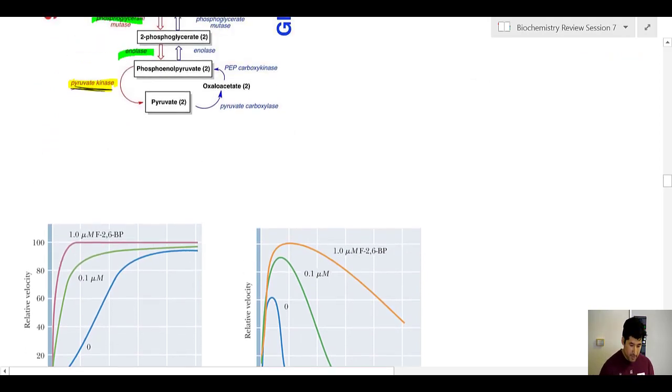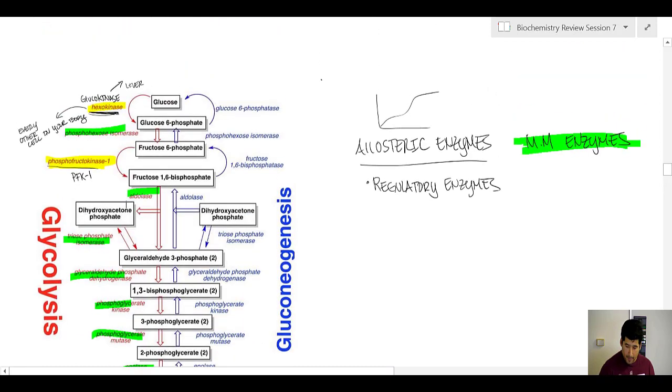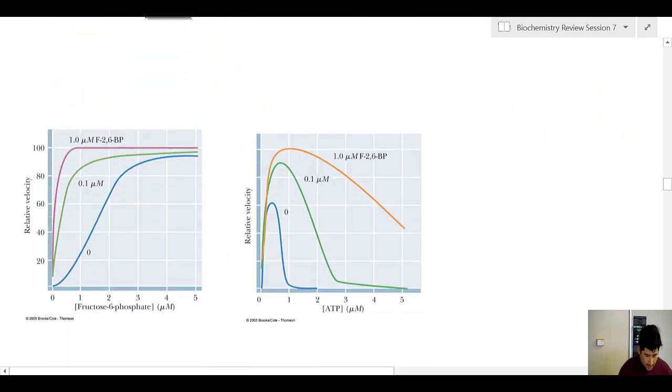Okay, so this right here is an example of what the curves look like. And regulatory enzymes have sigmoidal curves.